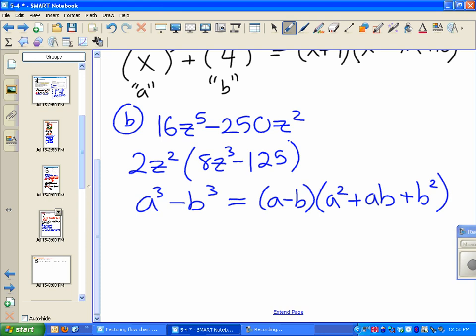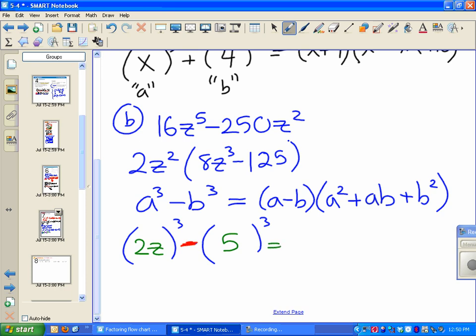All right, so now we just got to figure out, we'll add in 2z squared later, but we're going to figure out what's being cubed for 8z cubed. And the minus sign, remember, is just part of the formula, so it's not going to be a negative number. So our a would be 2z, and b would be 5. So it's not a negative 5, it's just positive 5.